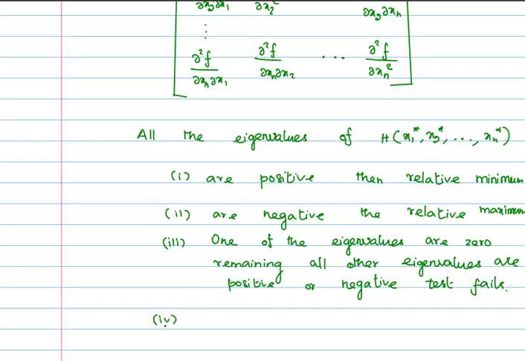The fourth condition is that some eigenvalues are positive and other eigenvalues are negative.